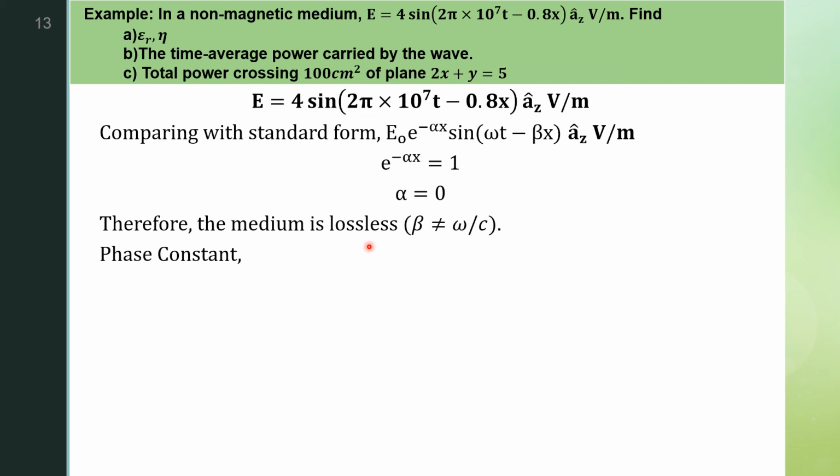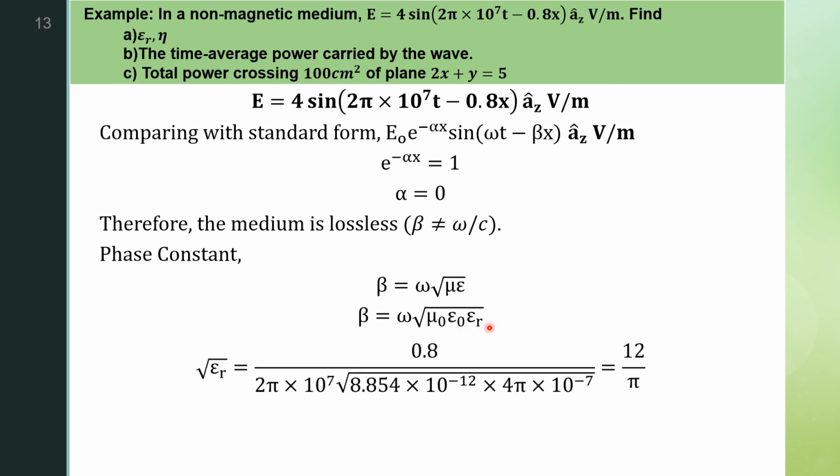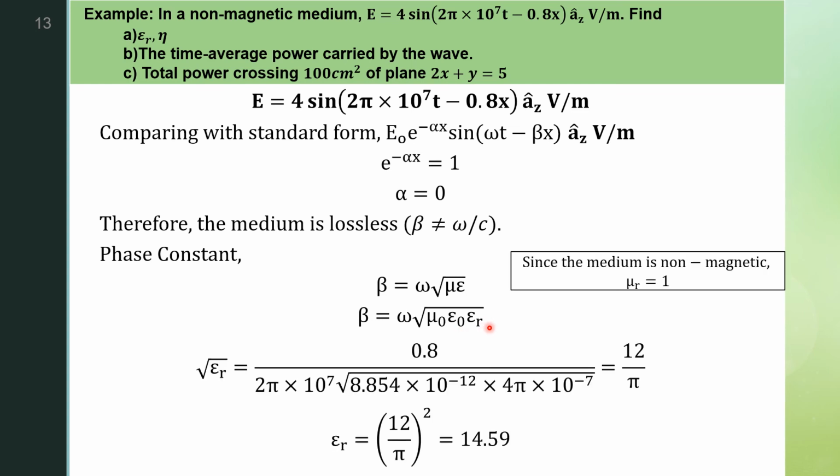In the question, we have only the expression of electric field, and for a lossless dielectric medium, we know beta is equal to omega root mu epsilon. And this is a lossless dielectric medium, so mu is actually mu 0 mu r and epsilon is actually epsilon 0 epsilon r. But here it is clearly given it is a non-magnetic medium. That means mu r is equal to 1.